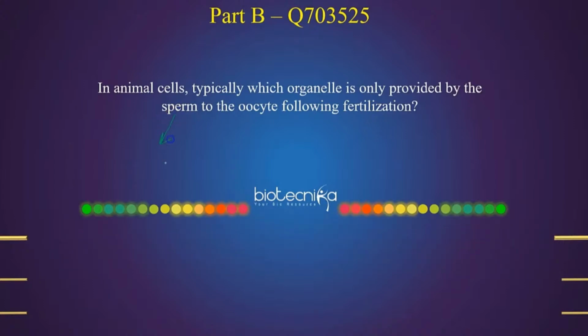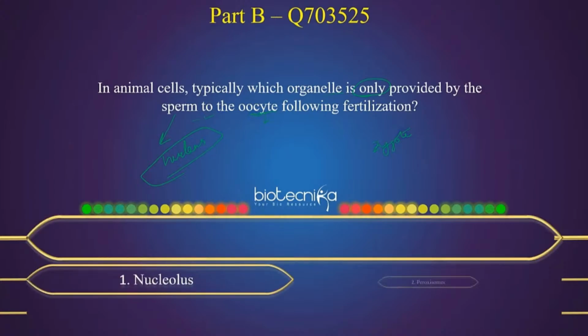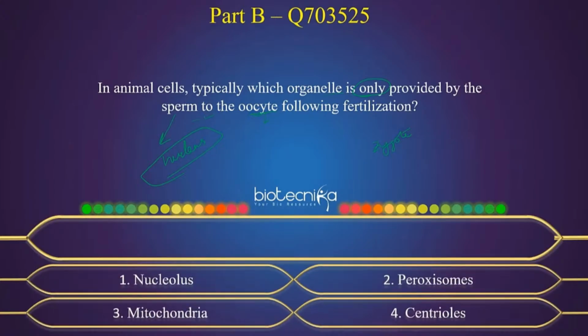We all know that sperm contributes the nucleus, isn't it? But they have asked which organelle is only provided by the sperm to the oocyte. The oocyte will also have a nucleus. If you look at the zygote, the nucleus is provided both by the sperm and the oocyte. So the nucleus or nucleolus will certainly not be the answer.